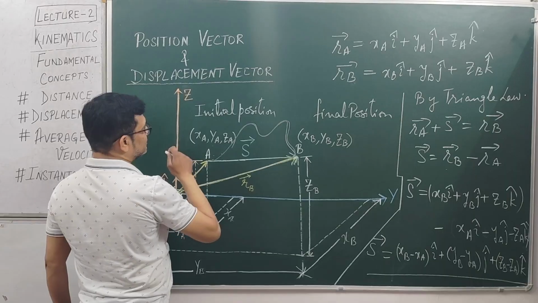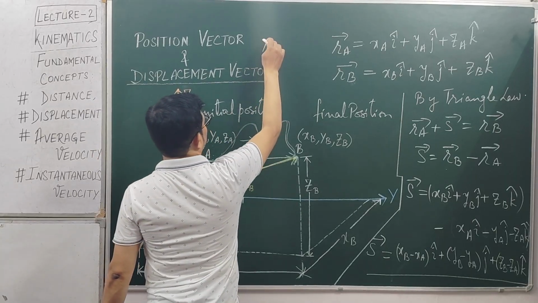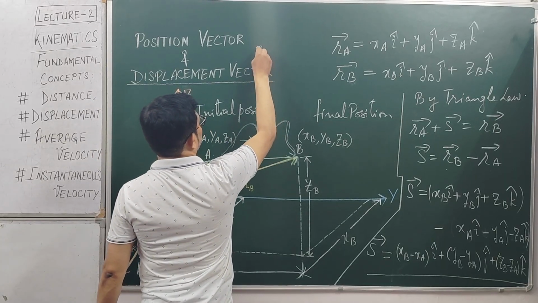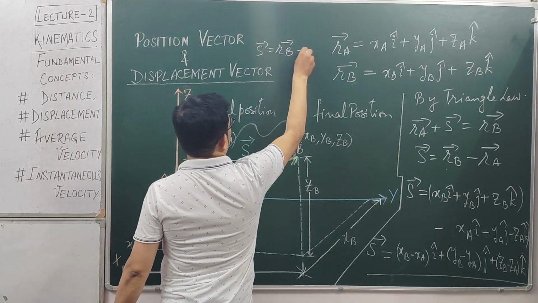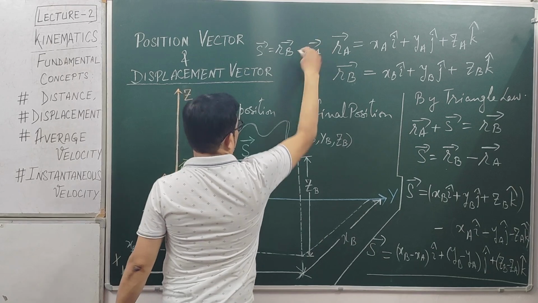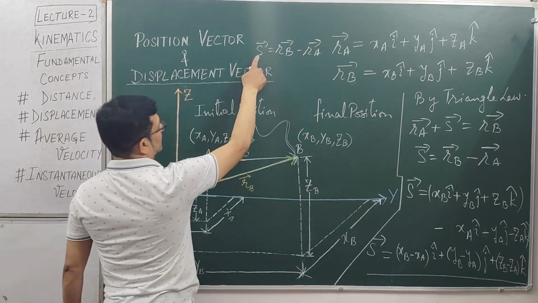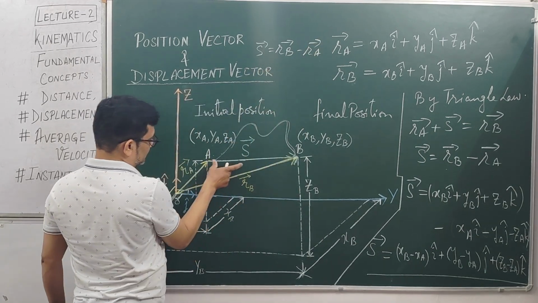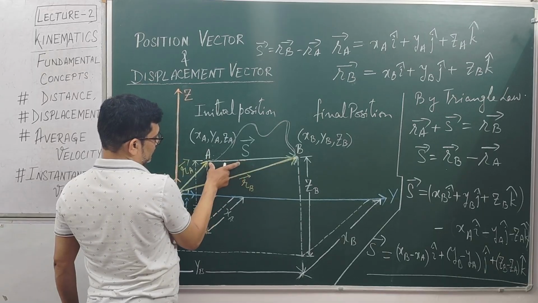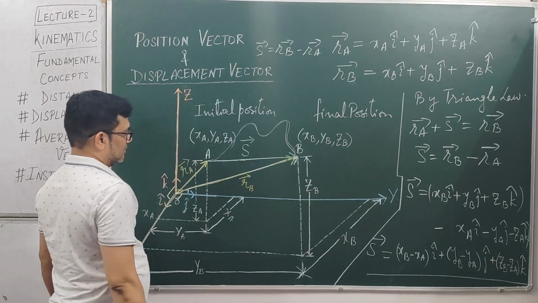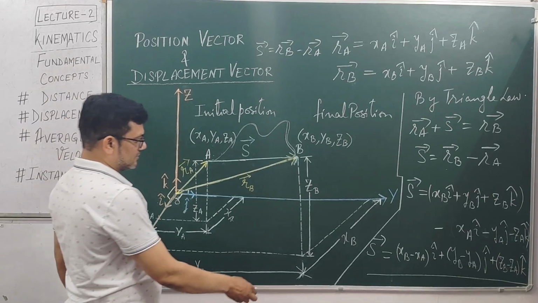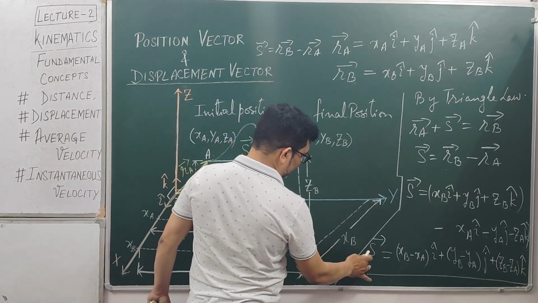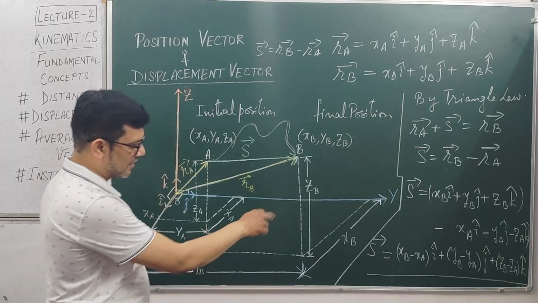However, the displacement is going to be S, and this is going to be RB vector minus RA vector, which is the shortest path. So this is showing you the displacement basically. What is this? The shortest path. That is displacement, and the displacement vector in terms of unit vector notation, we have that expression.